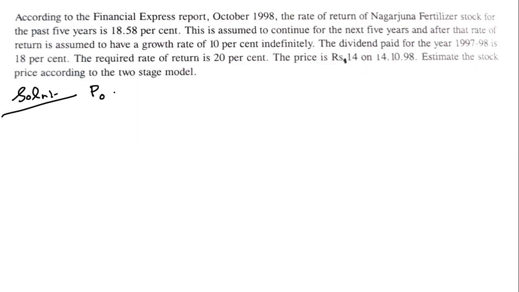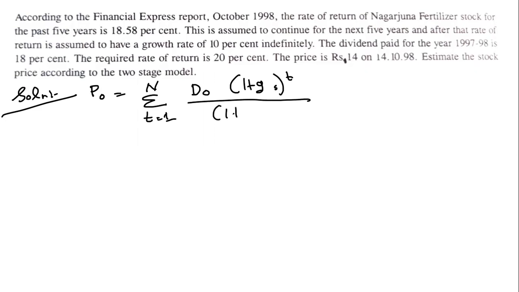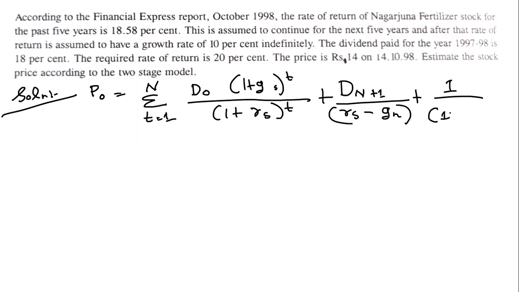P0 is equal to the summation from t equals 1 to N of D0 times (1 plus g) to the power t, divided by (1 plus Rs) to the power t, plus D(N+1) divided by (Rs minus gn), times 1 divided by (1 plus Rs) to the power N. So this is the two-stage growth model which we are going to use.